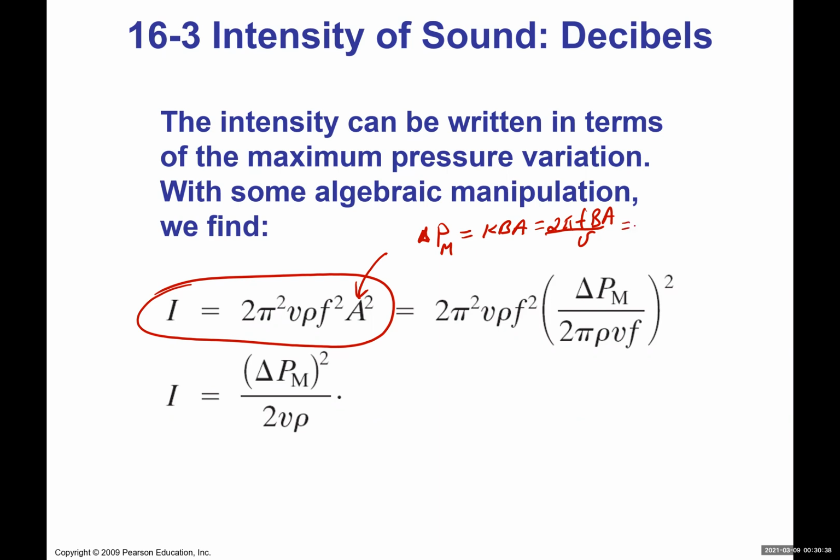And then from here, we can even write it in terms of 2 pi F A over V. Remembering that B is related to the velocity, because the square root of B over rho is equal to speed. If I square both sides, then V squared is equal to B over rho, or B is equal to V squared times rho.